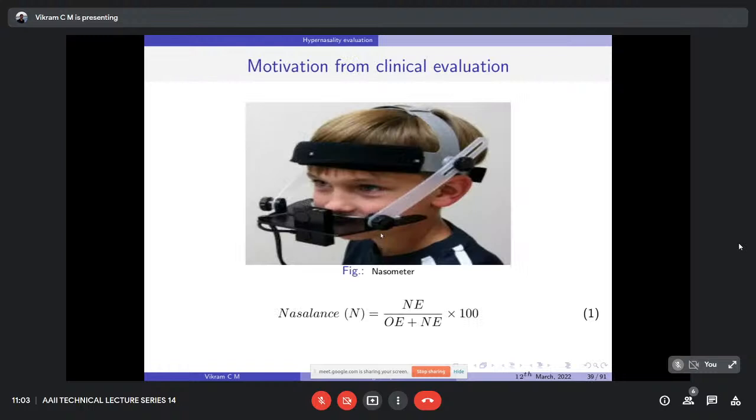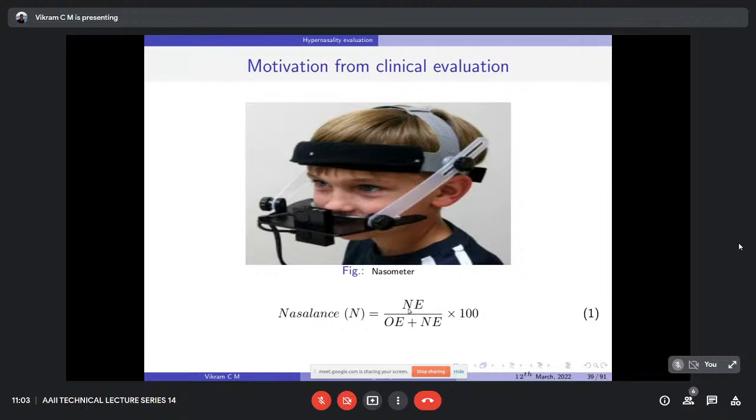The major motivation for this system is the automatic detection of nasality by using equipment called the nasometer. In a nasometer, we have two microphones which capture the acoustic energy from the nose and mouth.